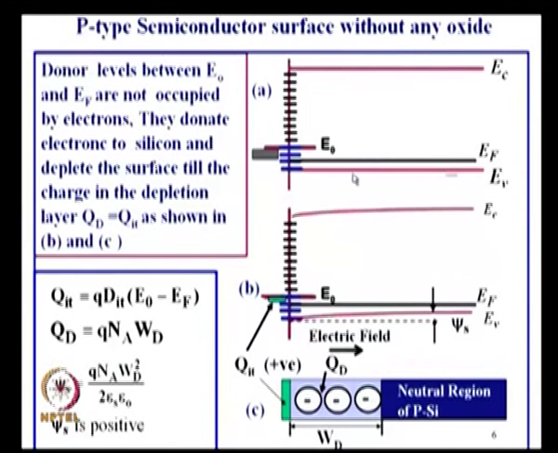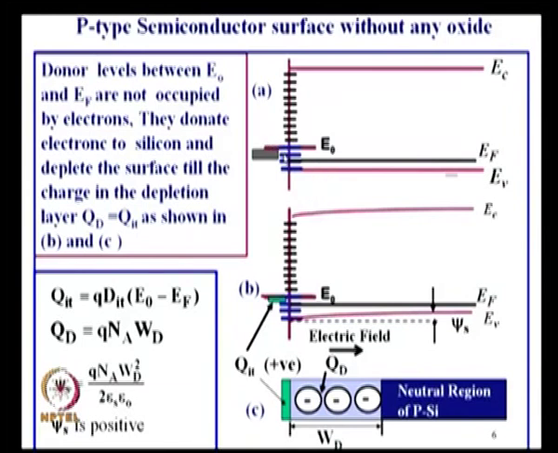See the other case of p type, where the Fermi level is below the E_0. What would happen? The neutral level is above the Fermi level. Now, the levels below the neutral level are donors. What happens to these donor levels? They are above the Fermi level, so you can see donor levels between E_0 and E_F are not occupied.